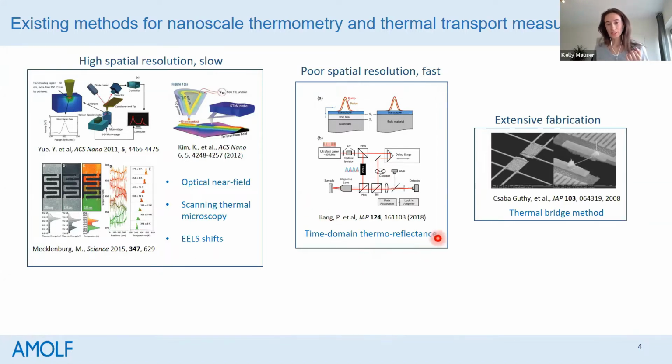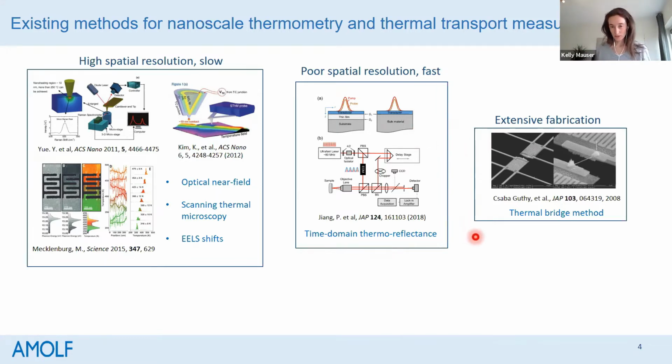For measuring thermal conductivity, a relatively fast method is time domain thermal reflectance, which uses pump-probe with lasers. While this is fast and good for measuring nano layers of structures, it has poor spatial resolution because you're limited by the diffraction limit of light.